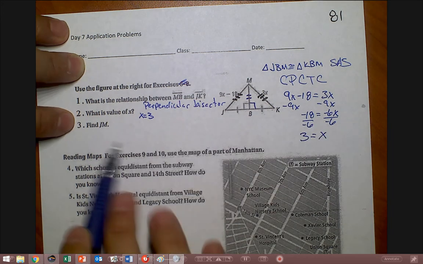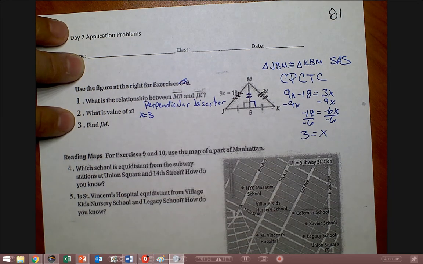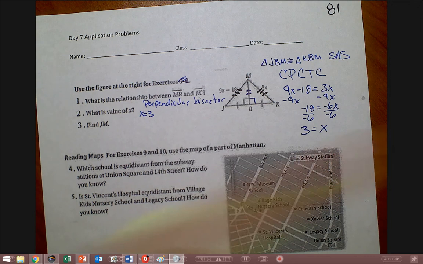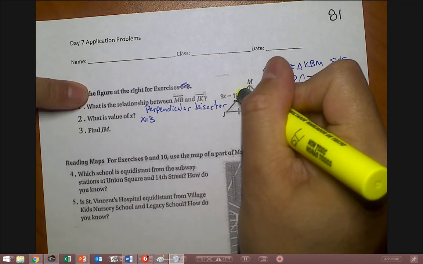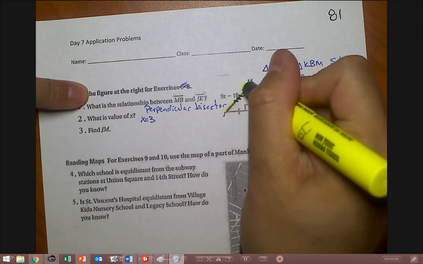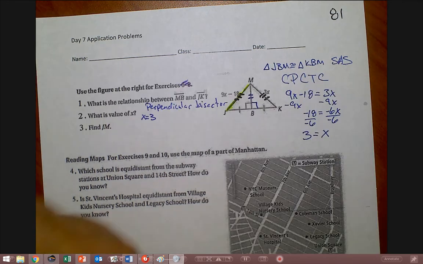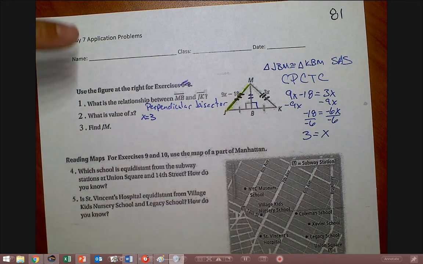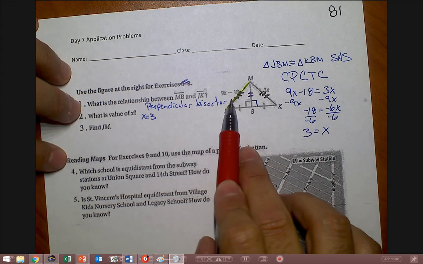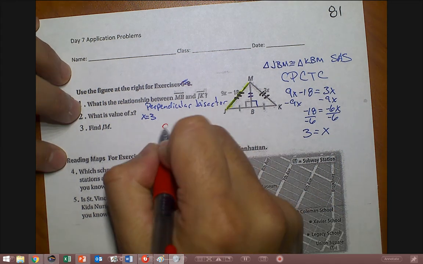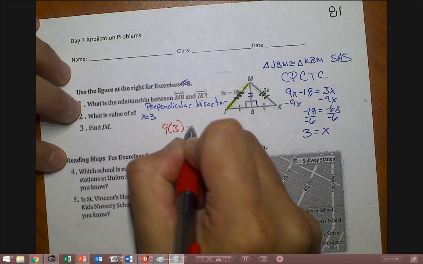Now, find JM. JM is this piece right here. It's that piece right there. And go ahead, TJ, what does it say? Maybe 9. That should be 9. So we're going to plug it in now: 9 times 3 minus 18.